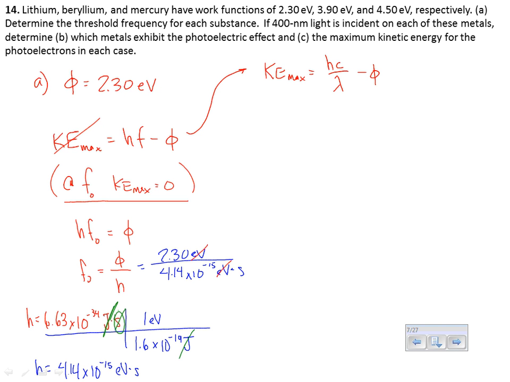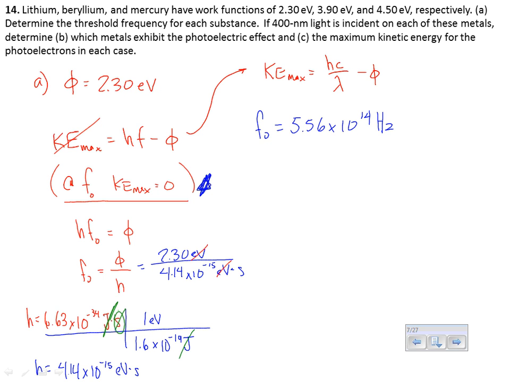I grab my calculator, and I get that f naught is 5.56 times 10 to the 14th hertz. So there's the cutoff frequency. Notice, for cutoff frequencies we're always using KE max of 0. That's what it means.